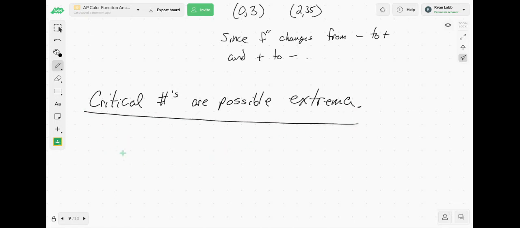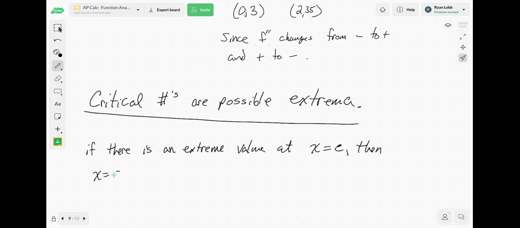Now, conversely, if there is an extreme value at x equals c, then x equals c is a critical number.